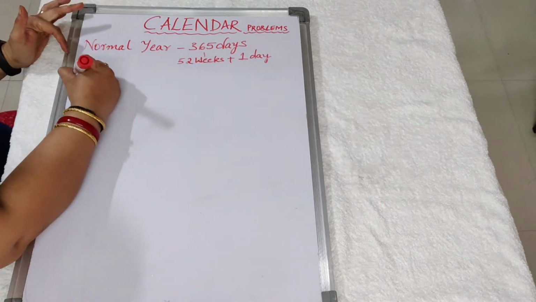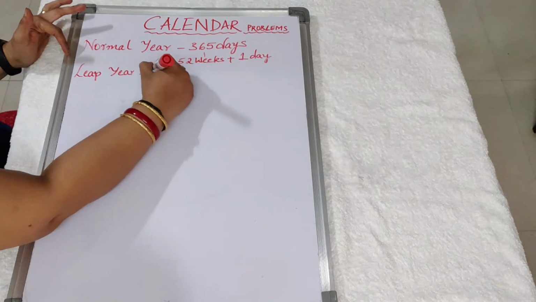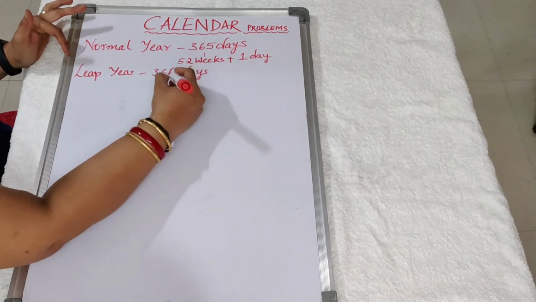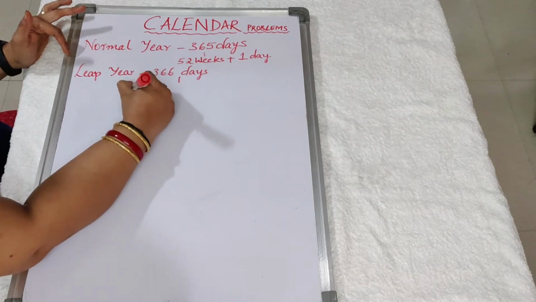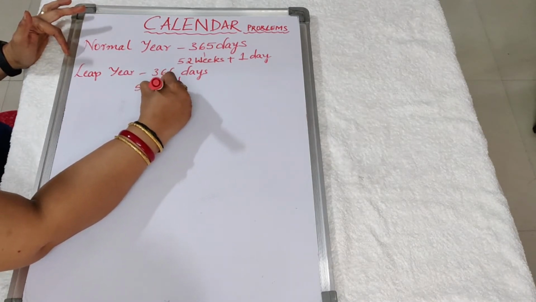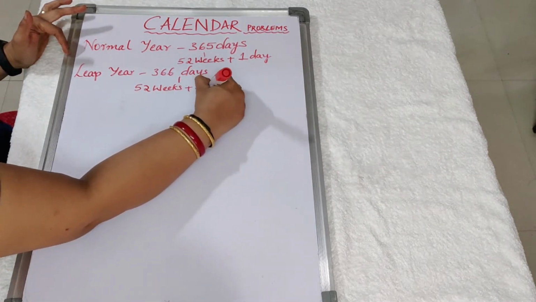Now when you go to a leap year, we know that it has 366 days. When you divide this, you get 52 weeks plus 2 days.